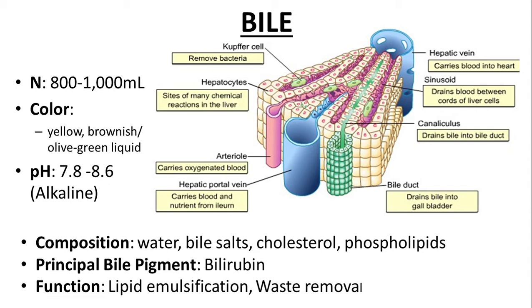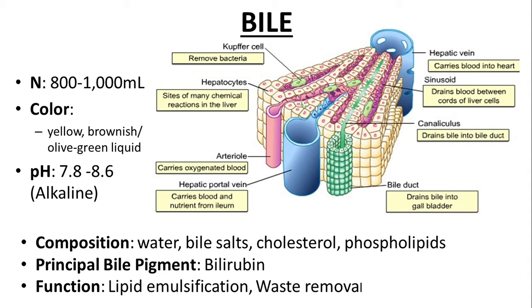Your bile is normally 800 to 1000 ml per day ang ginasecrete. So its color is yellow, brownish, or olive green, liquid in color, and its pH is 7.8 to 8.6, which is also a bit alkaline, just like your pancreatic juice, remember? So the composition of bile: water, bile salts, cholesterol, and phospholipids, and its principal bile pigment is bilirubin.